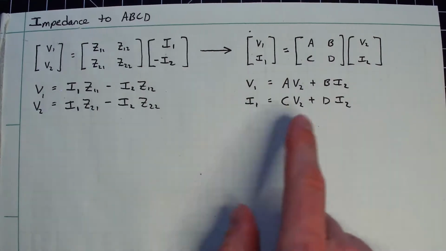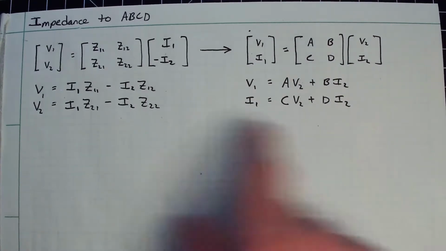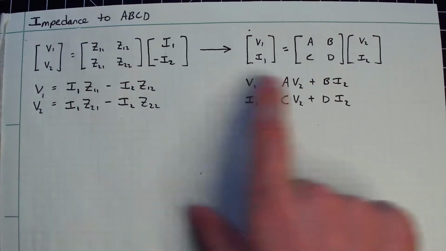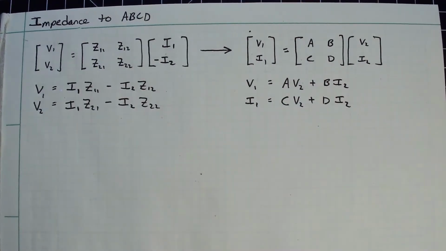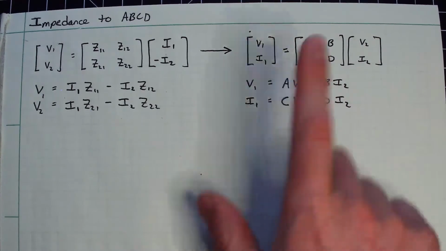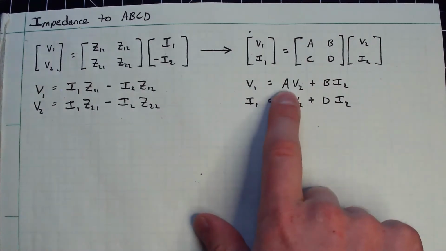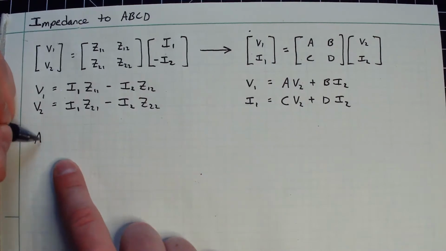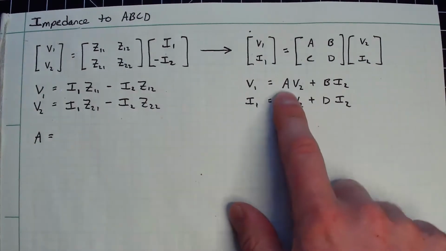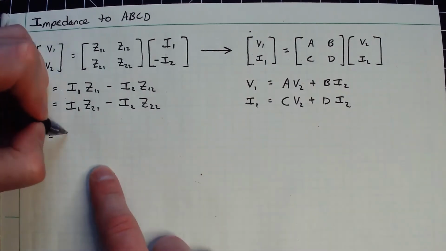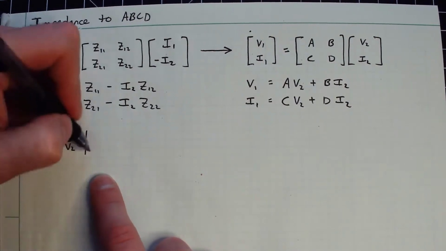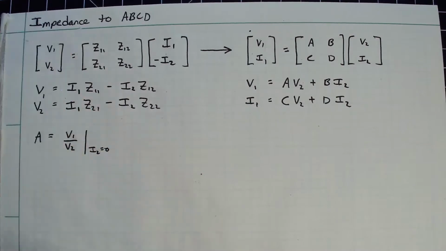Now, given these two conventions here, these definitions or these linear equations, I want to use the information here to derive these coefficients over here, A, B, C, D. So first thing we're going to do is calculate A in terms of these parameters over here. So you'll notice that A, we can define it as the ratio of V1 over V2 subject to the condition that I2 is equal to 0.